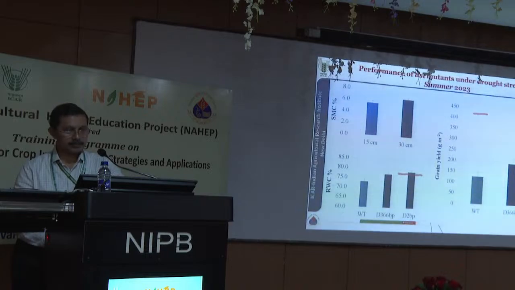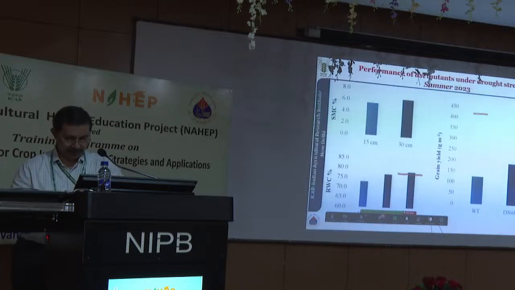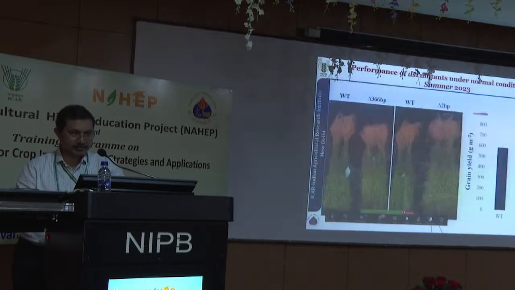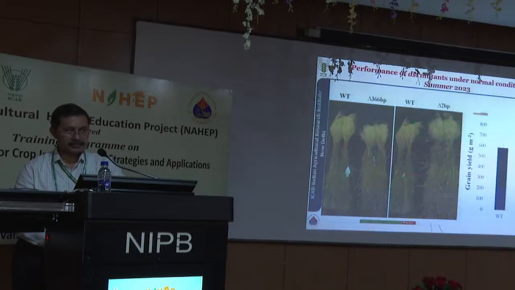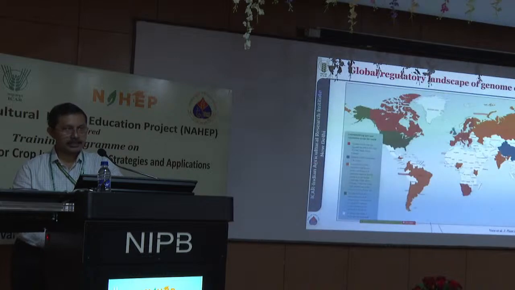Especially this mutant, two base, performs very well as compared to the 360 base condition. And this is the field-level yield increase, which is 10 to 21%.